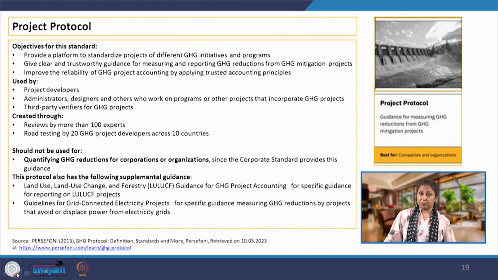We were talking about product earlier, and here we are talking about the project protocol for measuring GHG emissions reductions from GHG mitigation projects. For example, India, in a bid to become net zero, undertakes huge afforestation exercises. We might think that afforestation is simply absorbing, sequestering the emissions, but it is not just that.